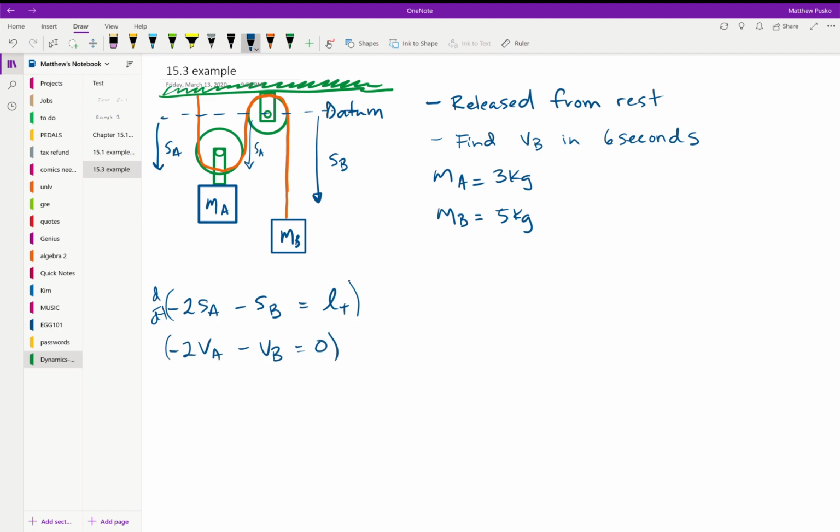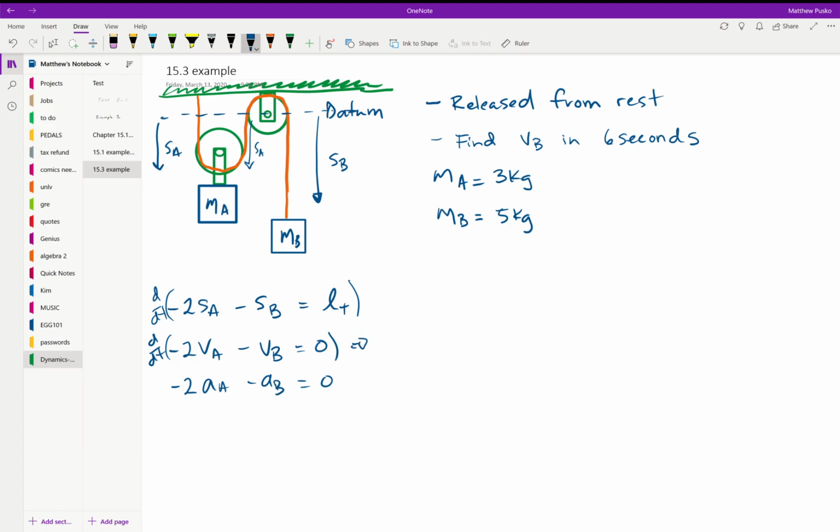Let's go ahead and take that to another derivative. I don't honestly know if we'll need it, but I noticed on tests that this second derivative was often missed when it was needed, so let's just go ahead and practice. That would give us negative 2 times the acceleration of A minus the acceleration of B equals 0.